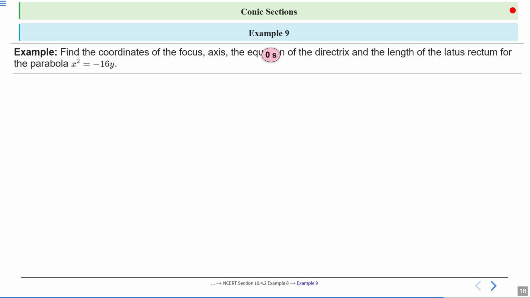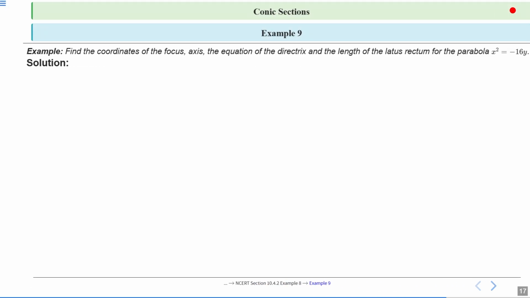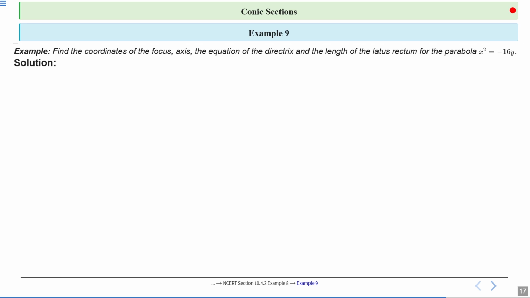Okay, students, now we will solve this example. So let's solve this example.